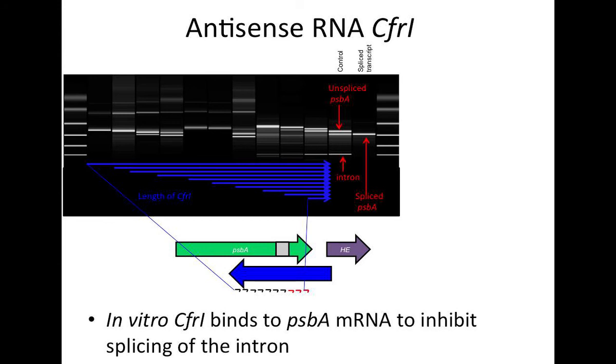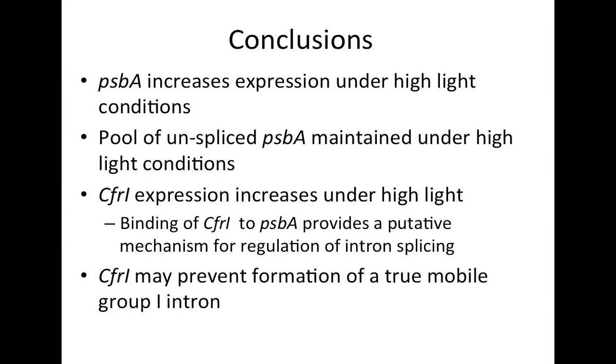If we have a short one, we don't stop the intron splicing. As you increase the length, when you get a full length antisense transcript, it prevents the splicing of the intron. So we think that this antisense RNA may bind to the psbA transcript to prevent the splicing. So this is a mechanism to maintain this pool of unspliced transcripts to respond to light.